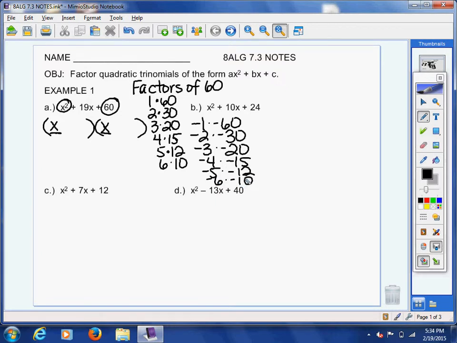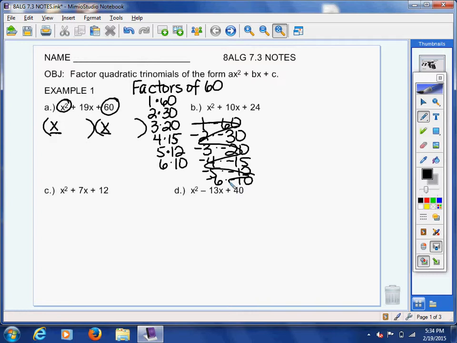Every one of those pairings up there, when I multiply them, they equal positive 60. Because all the numbers in our trinomial are positive, we don't need these. We just don't need them. I would only need those numbers if I had a negative sign in there somewhere along the way.